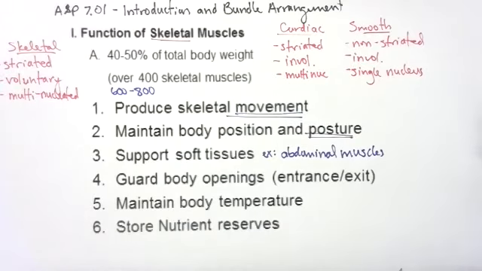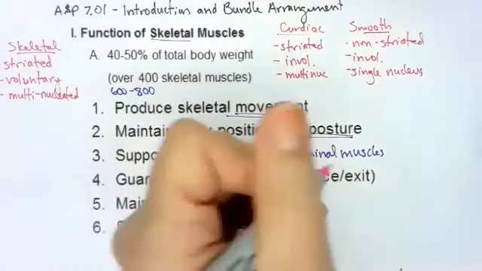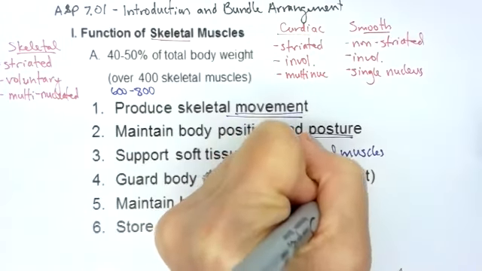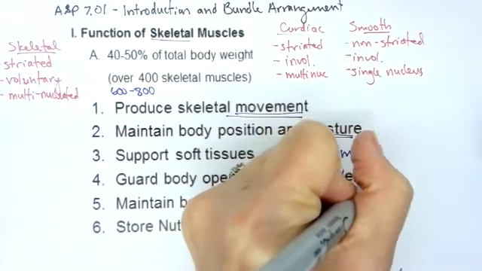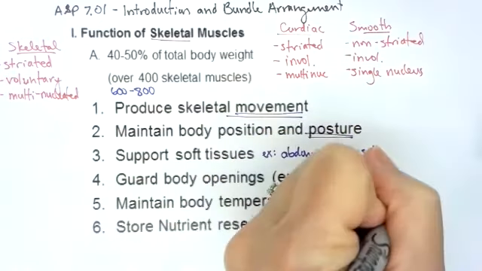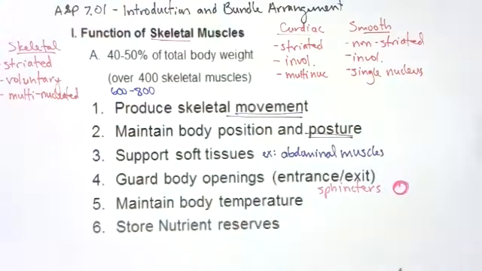Guarding your body openings. This is a special group of muscles called sphincters. You notice it says entrance and exit. S-P-H-I-N-C-T-E-R-S. Sphincters are circular in nature, so they have this shape, and they can open and close. So you technically have 3 muscles on your face that are sphincters that control the opening for your mouth and each of your eyes.